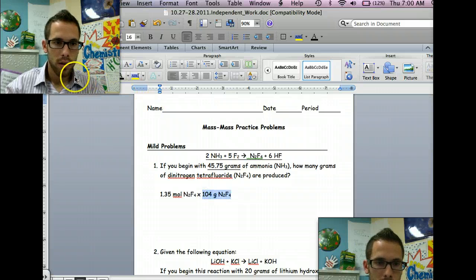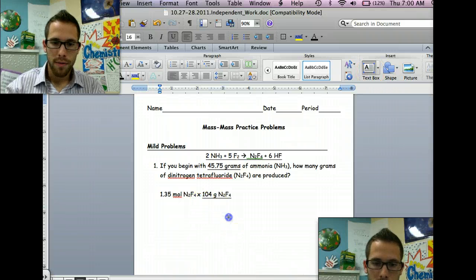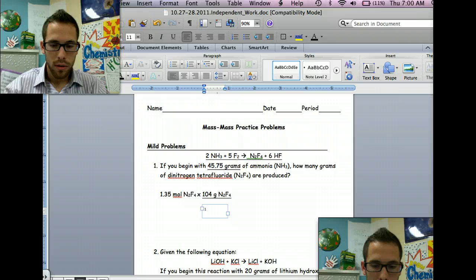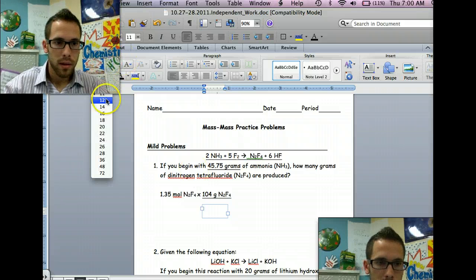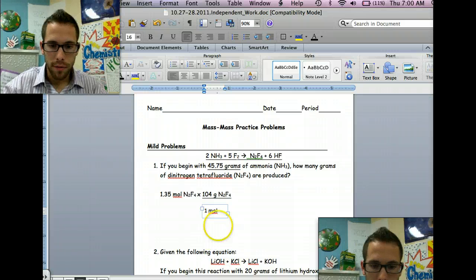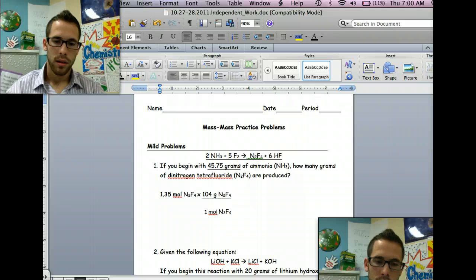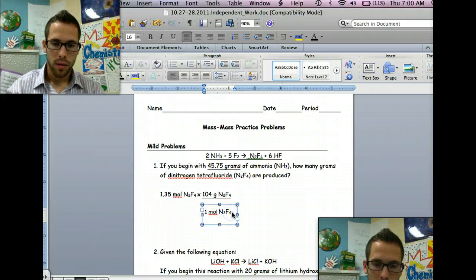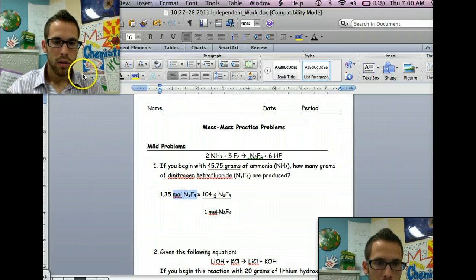over, you know the answer. We've done it so many times now, I know you know it. For every 1 mole of N2F4. There it is. So, check it out. Moles of N2F4 cancel out. And what are we left with? Grams of N2F4.